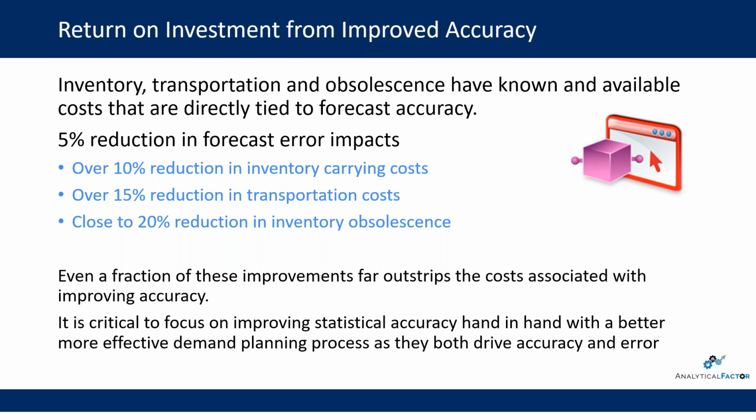Now, you know your company best. You know how much money is tied up in inventory, in transportation costs, and obsolescence. Think about what kind of impact to your bottom line making an improvement in forecast could have. That's how I always like starting the conversation.